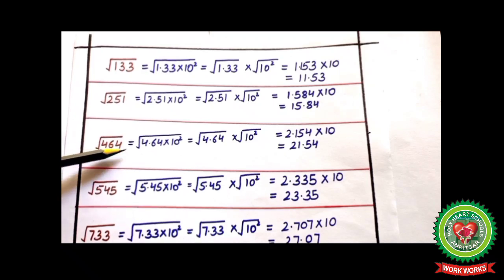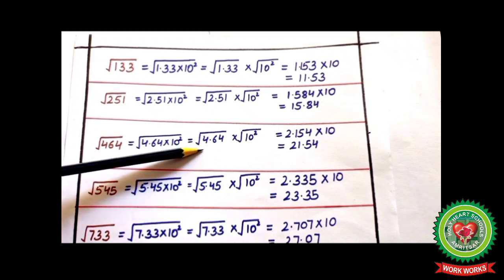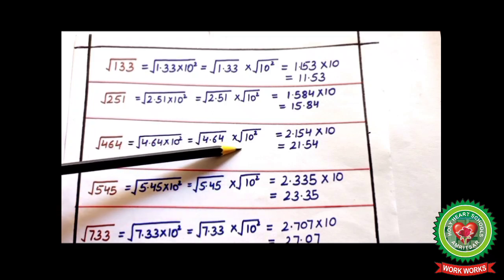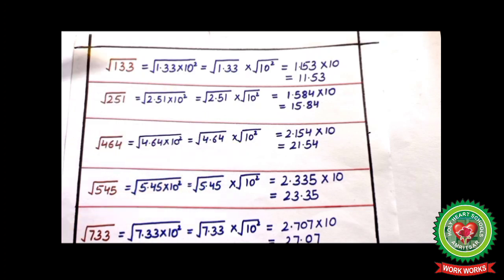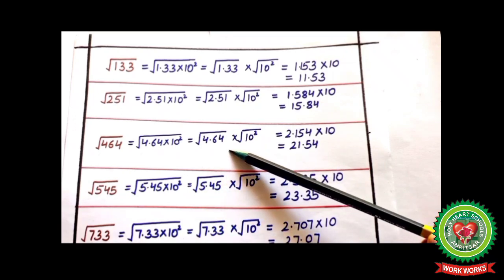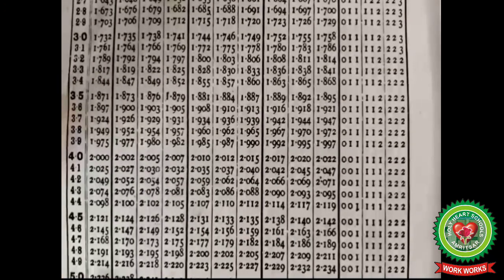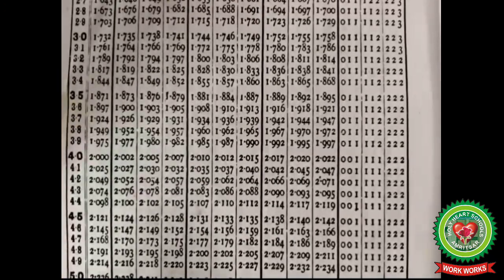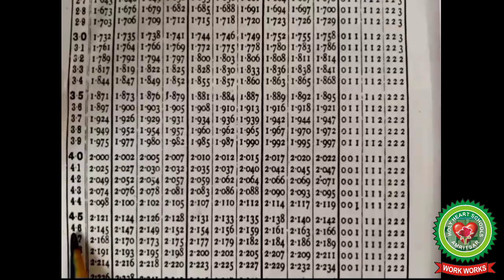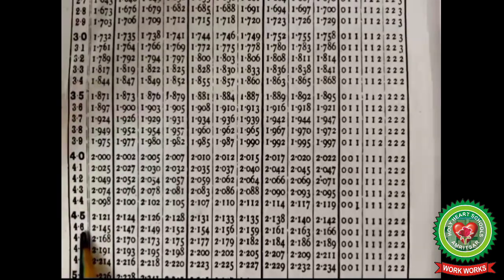Now the next example is square root of 464. From here again 4.64 multiply 10 square. Then we separate that square root. Square root of 4.64 multiply square root of 10 square. Now from the log table we have to check the square root of 4.64. We have to check from 4.6 till 4.